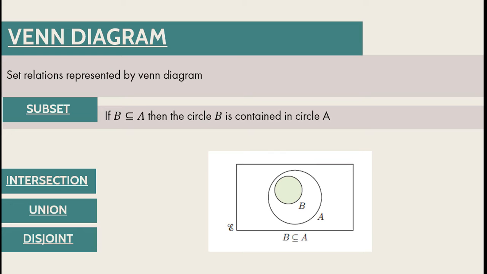It means that although the set B looks definitely smaller than the set A, in theory, the set B can still be equal to the set A. So B can be a proper subset or just a subset in general, even though it looks completely smaller than the set A.